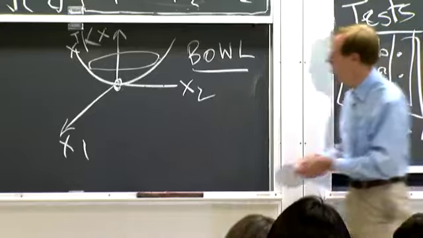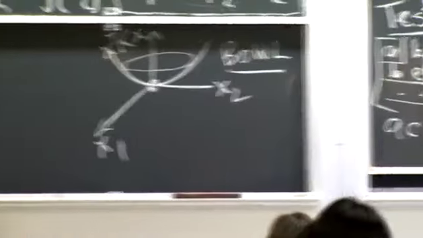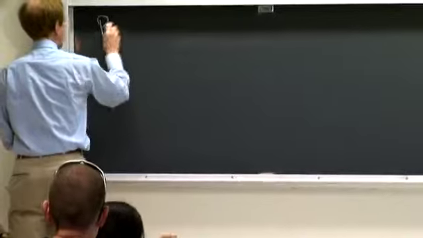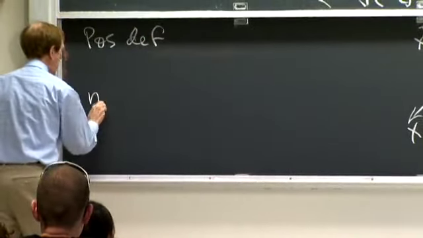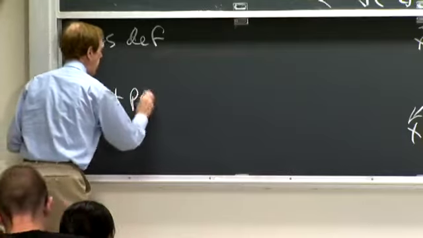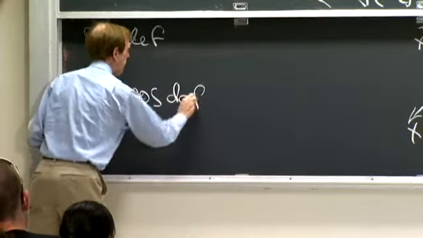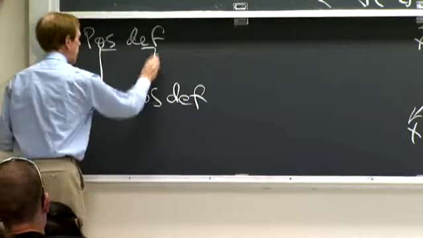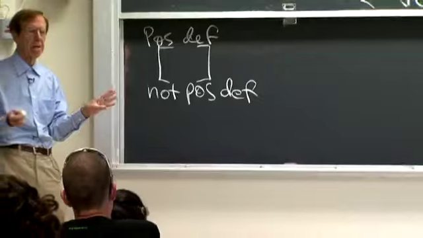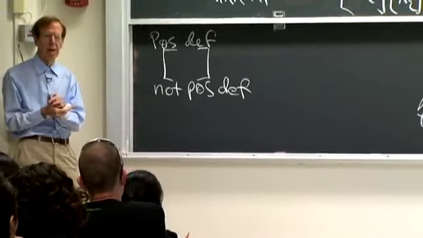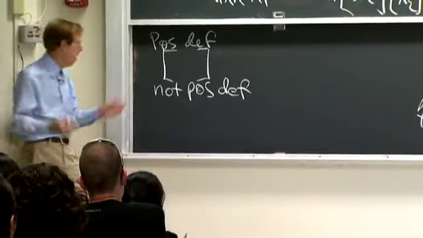And let's do some examples. Tell me some positive definite matrices, and then let me put some not positive definite cases. What's the easiest first matrix that occurs to you as a positive definite matrix? The identity.